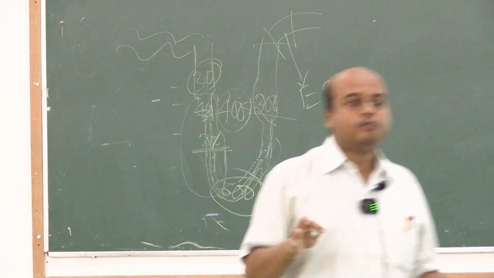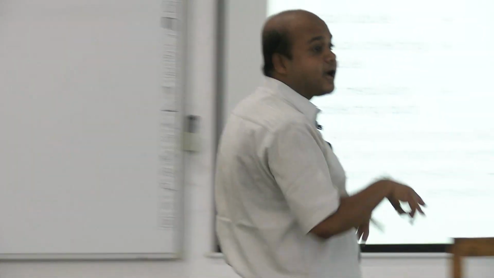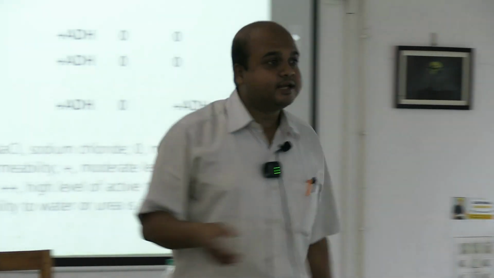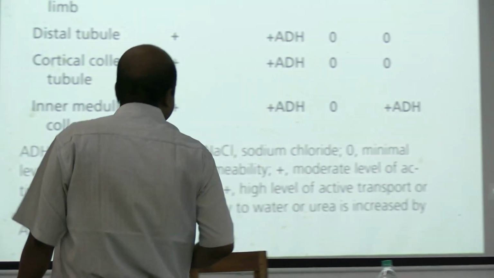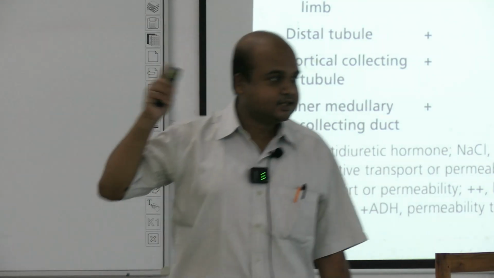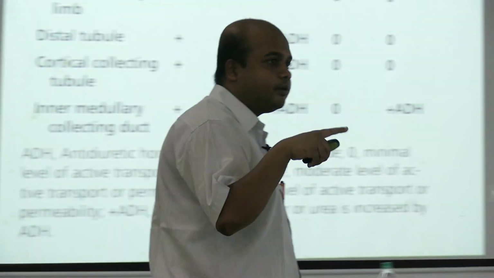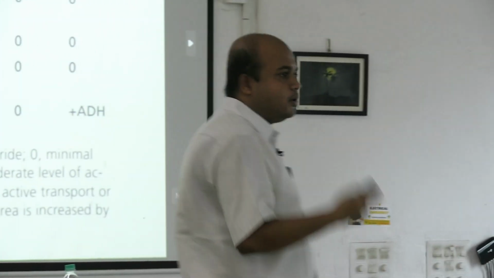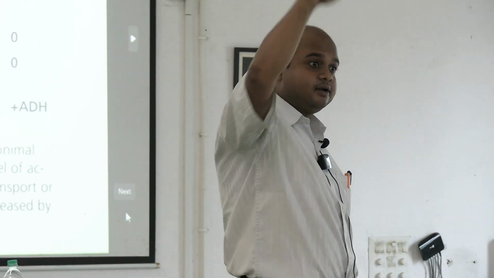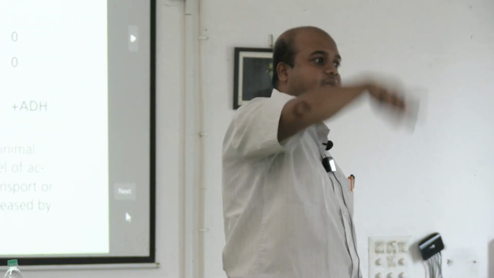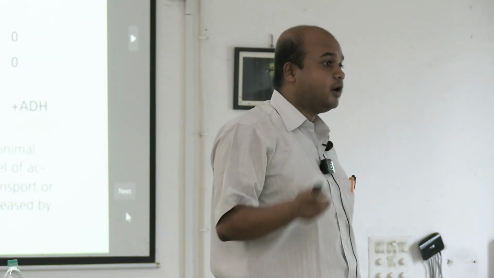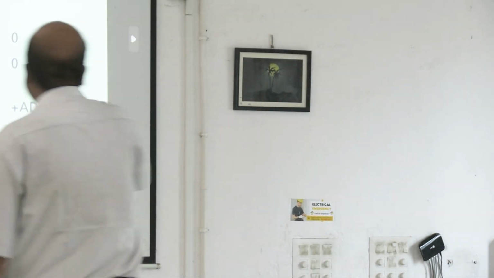Does ADH act on the loop of Henle? No. So what is actually controlling the medullary interstitium osmolarity? Not only the loop of Henle countercurrent loop, but also, if there is ADH, whatever happens in the collecting duct contributes to it.